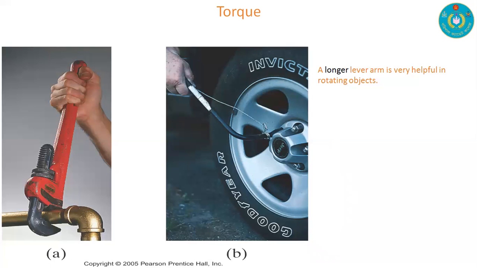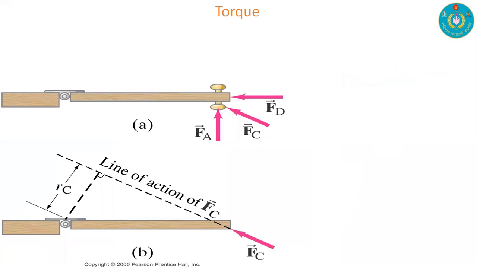Observe these diagrams. By observing this diagram, we can say that a long lever arm is very helpful in rotating objects. We have a graph.